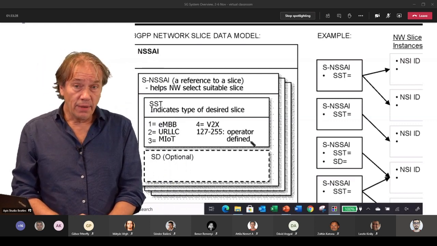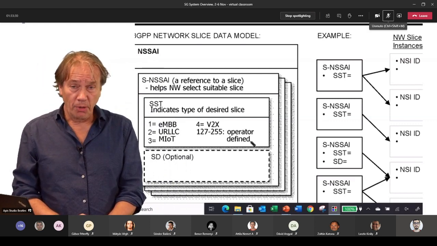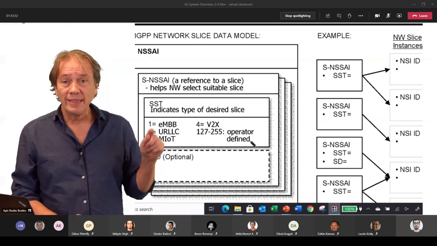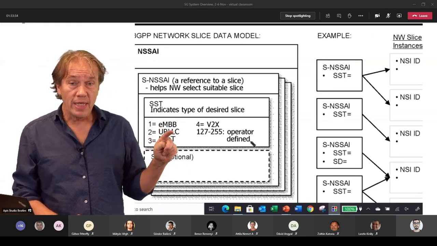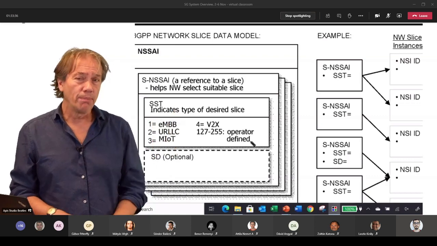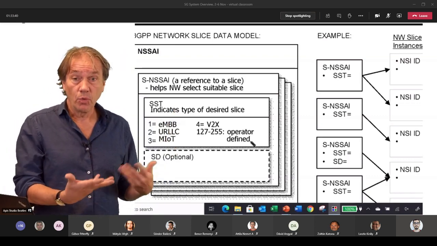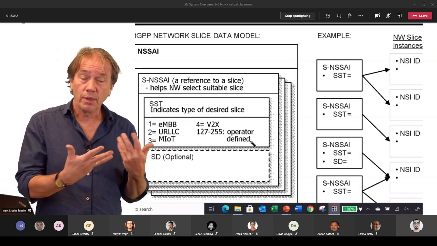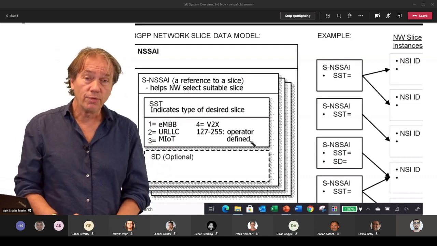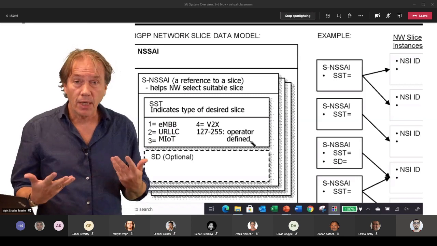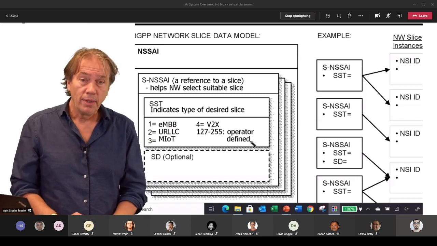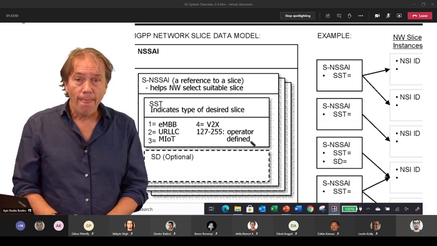And then there is the possibility also to distinguish between different eMBB slices. I think in the PowerPoint presentation I said that there was one eMBB slice for normal subscribers, and then there was another eMBB slice for premium subscribers, people who pay more, or maybe corporate customers.